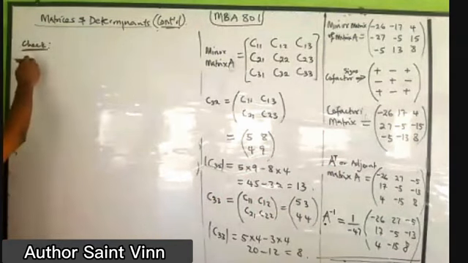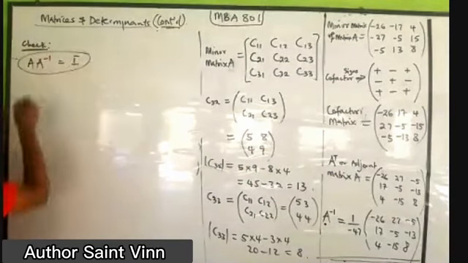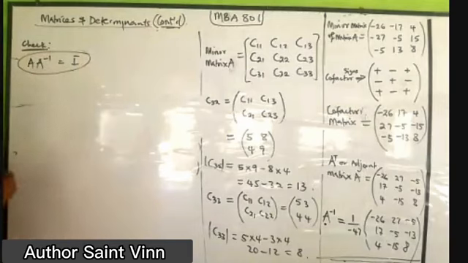Let's do this: A times the inverse must give us the identity.